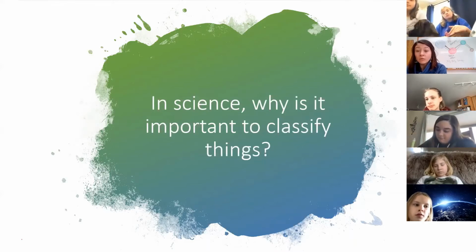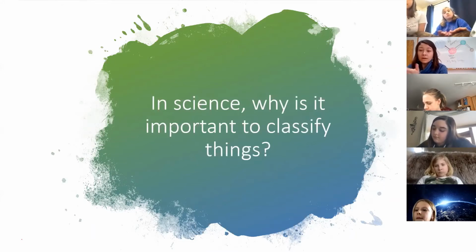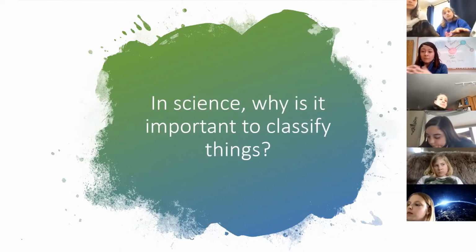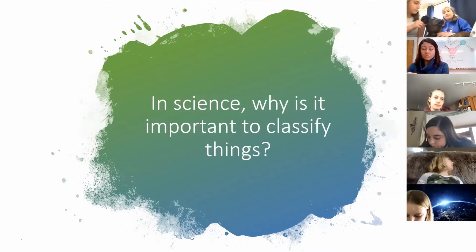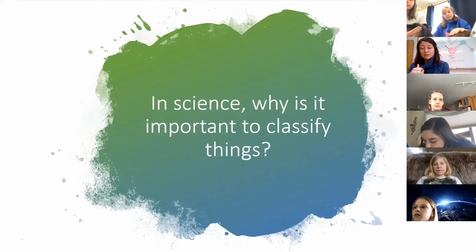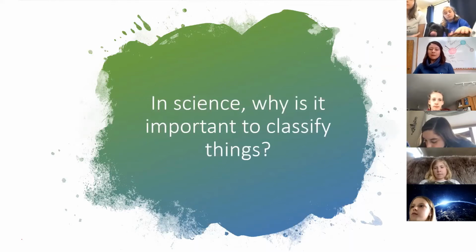So we don't want to reinvent the wheel every single time you go out looking for something, regardless of what it is, whether you're a biologist or a geologist, you study rocks, right? You want to be able to write down the things you observe in a way that anyone can come along, regardless of who it is, and they can read your description, your classification, and they can go find that thing using your set of descriptive terms, right? Otherwise, every single time you go out, you're kind of starting from scratch, and that's kind of a waste of time. So it is important that we have these tools for helping us describe and classify and identify things in science.